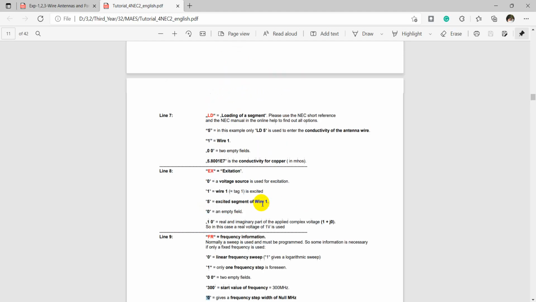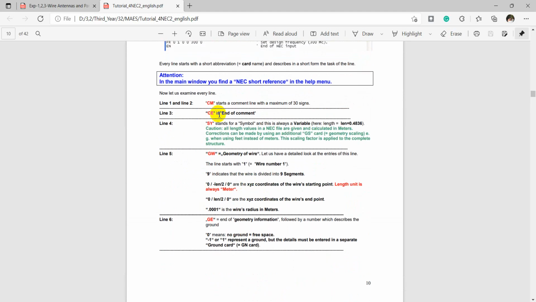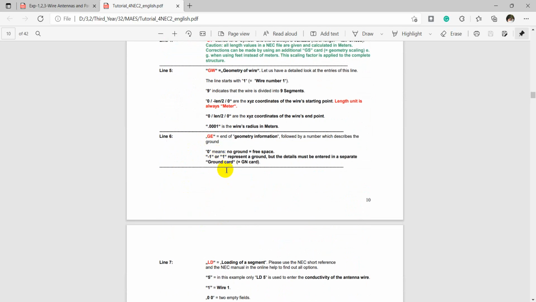You can understand this very clearly when you see this part, which indicates every part of this section and the comments. You can see at the time of frequency selecting, that is free space, perfect ground, real ground with their response.